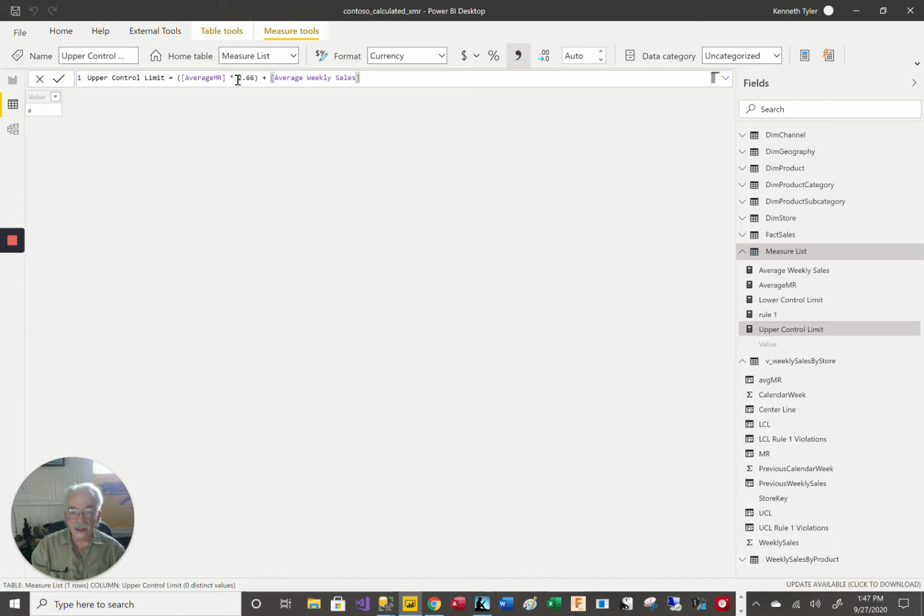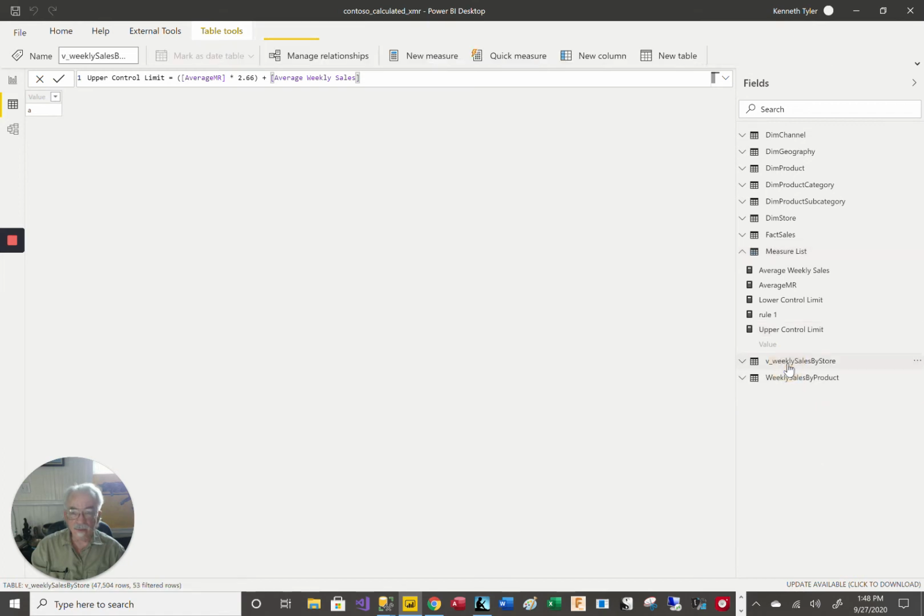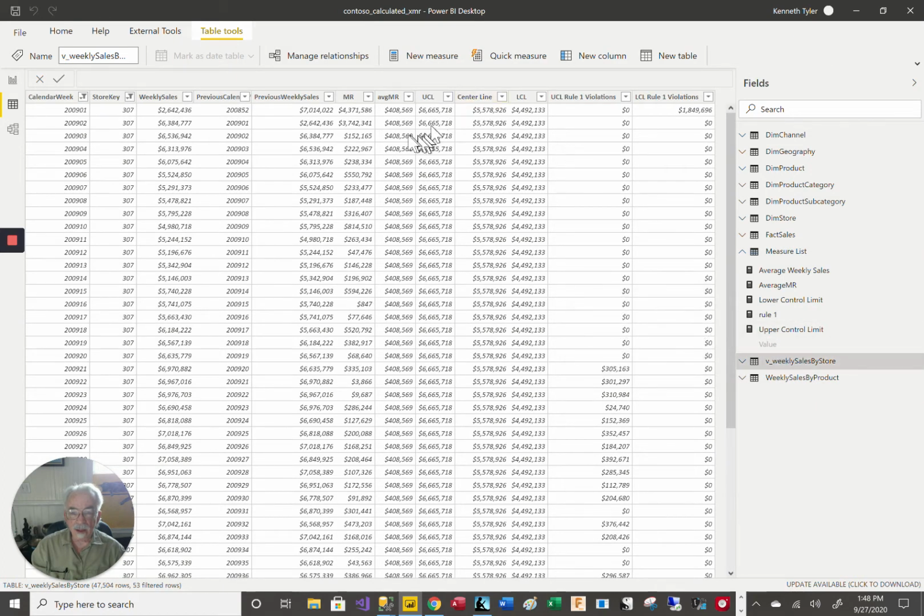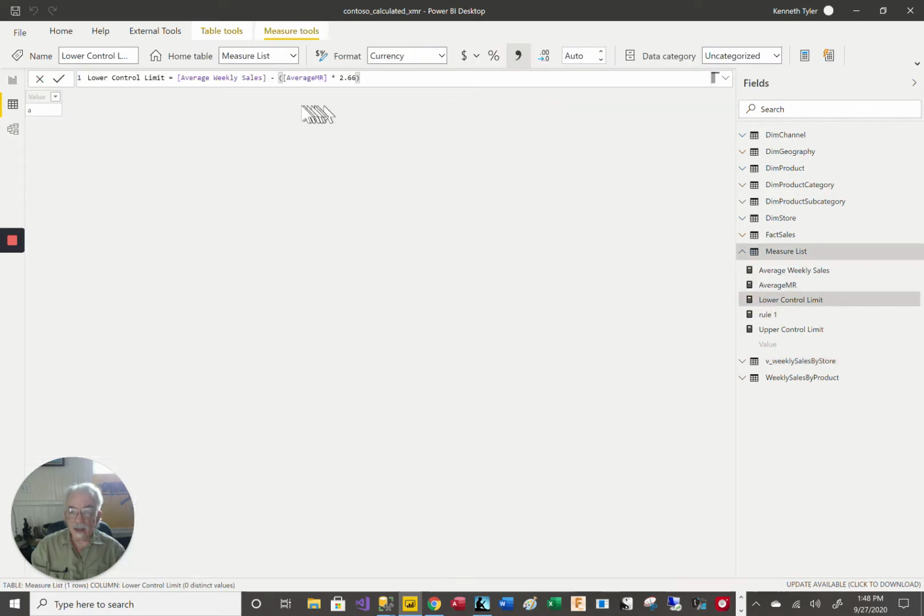And you then add that to the average weekly sales, which is the center line of the chart, and you get an upper limit. The lower limit is done in much the same way. You take the average weekly sales, which is the center line of the chart, and you subtract the average moving range times 2.66.